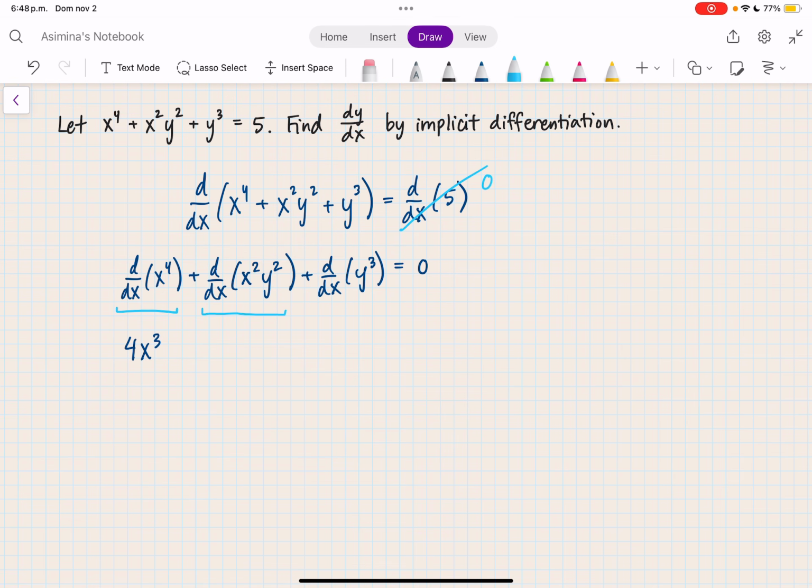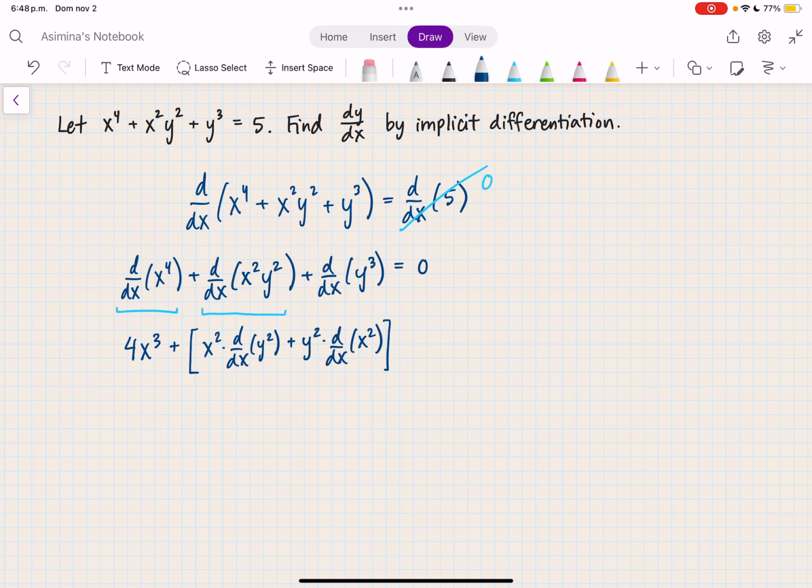So how does the product rule apply in this sense? So this is going to be x squared times d/dx of y squared plus y squared times d/dx of x squared.